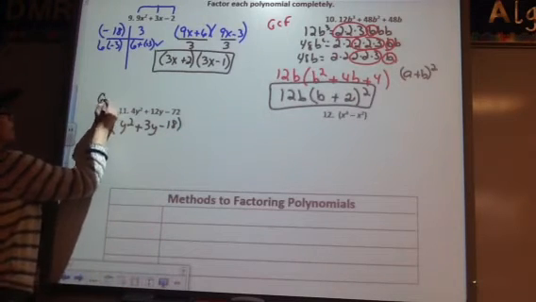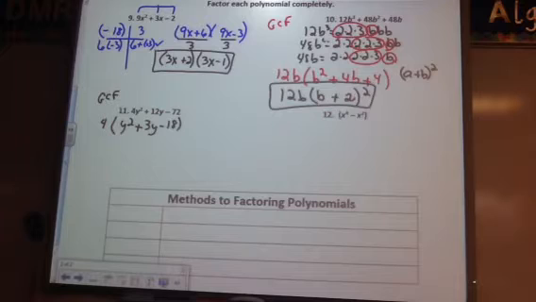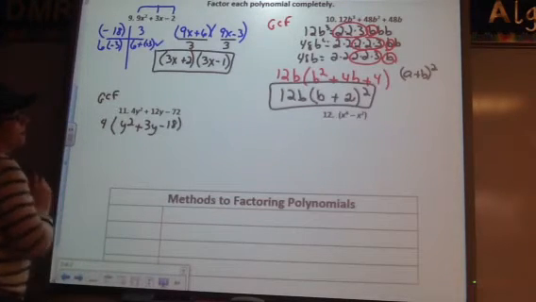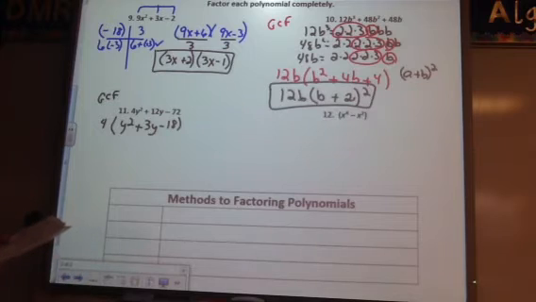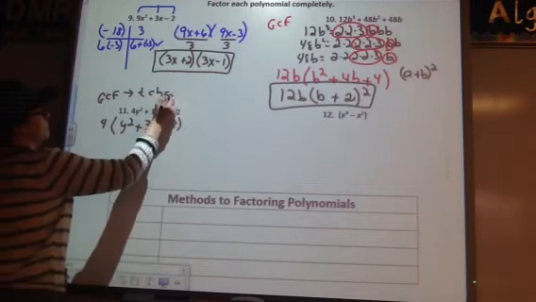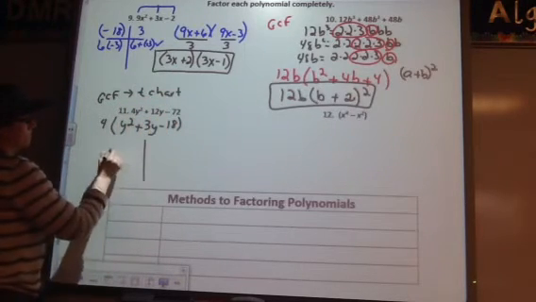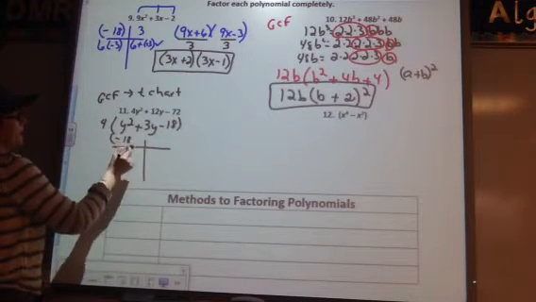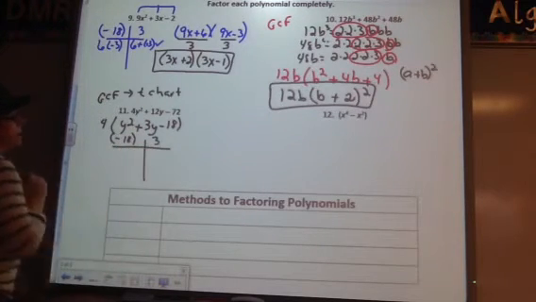Okay, so we pulled out our greatest common factor. Do we have a perfect square? y squared is, but 18 is not. Okay? So then what we need to do is our t-chart. So when we multiply, we need negative 18, but when we add, we need a positive 3.